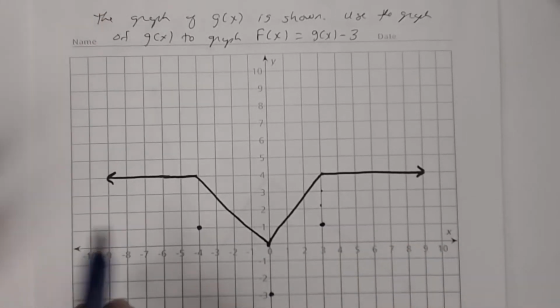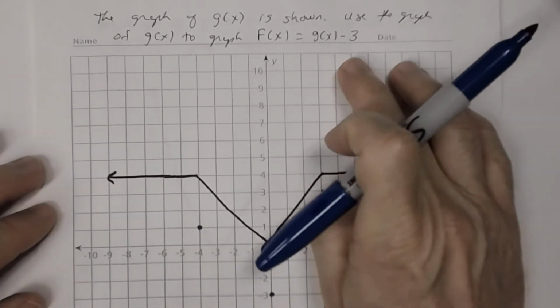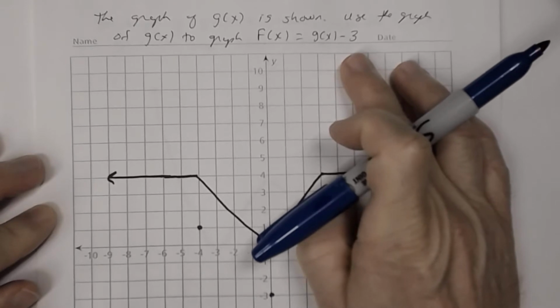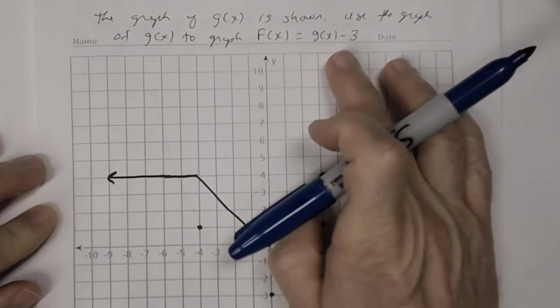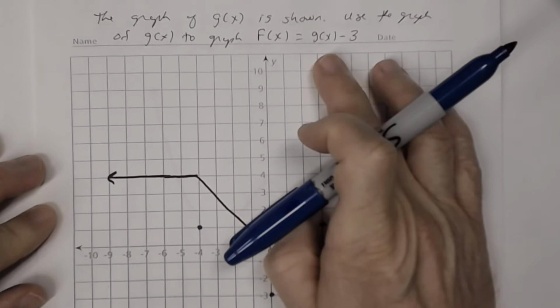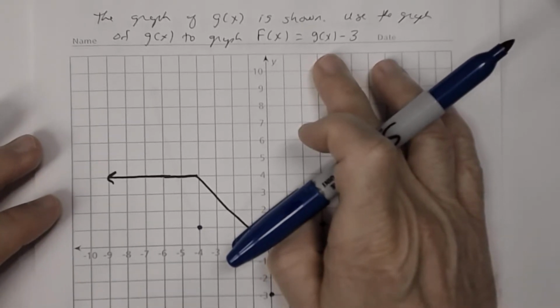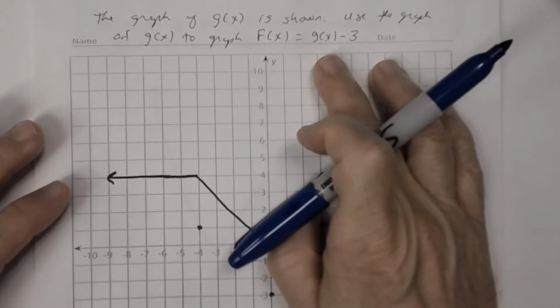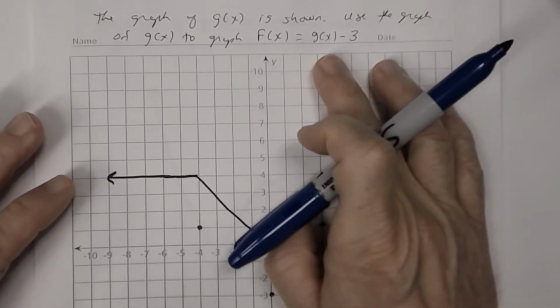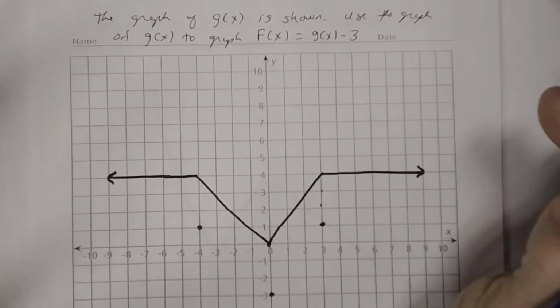Basically, all you do is remember that this does not change the shape. The only things that change the shape of a graph would be vertical stretch, vertical shrink, and horizontal shrink. This is just a translation.